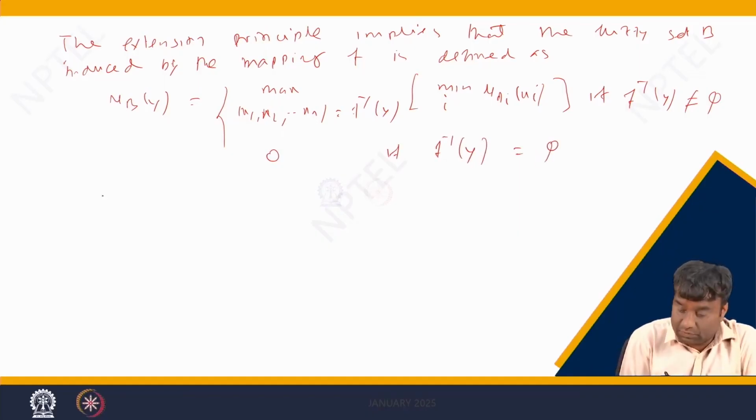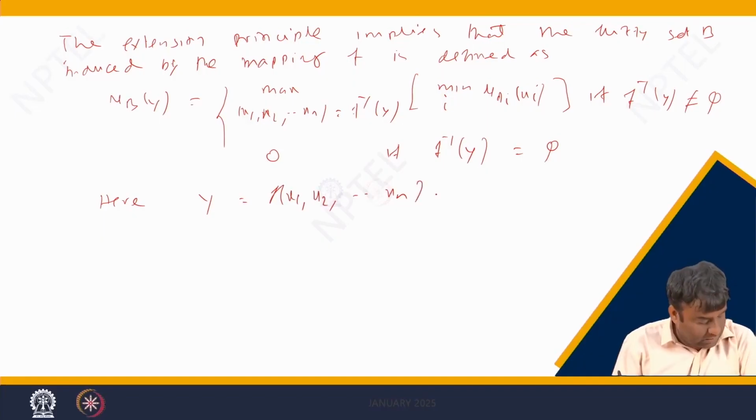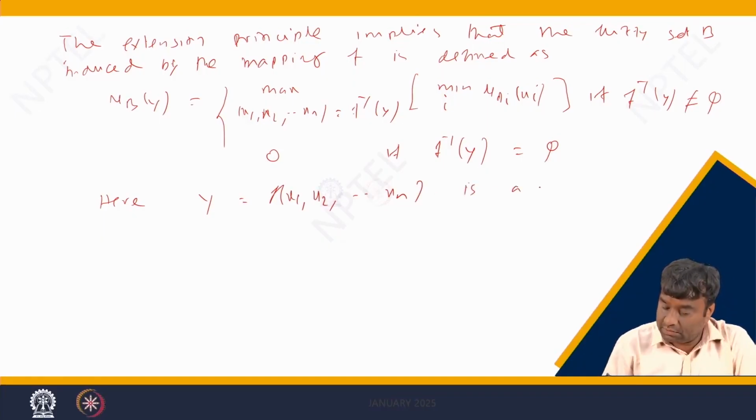Here y equal to f of x1, x2, ..., xn is a crisp function.